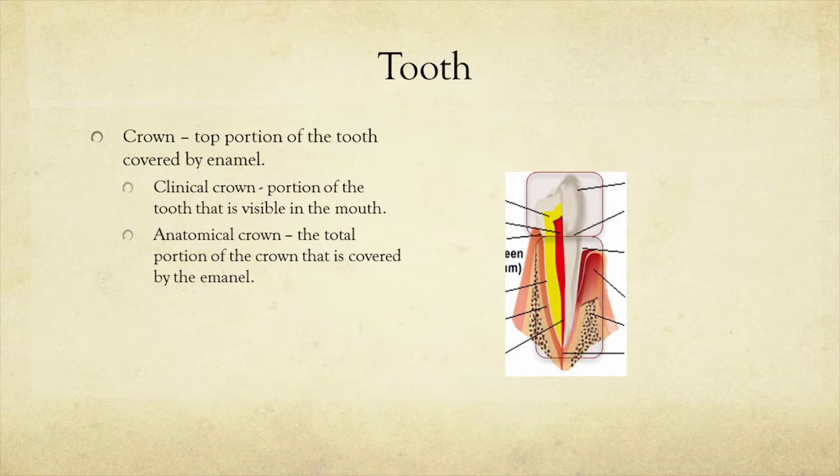But your clinical crown is what you see within the mouth. So there are times where you have gingiva which is covering the tooth, and there are times where there is bone loss and it will go below, and the clinical crown is what you see in the mouth itself.